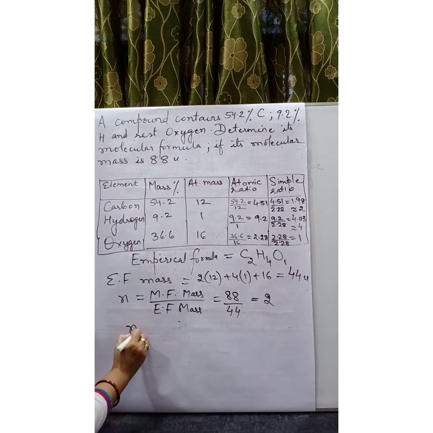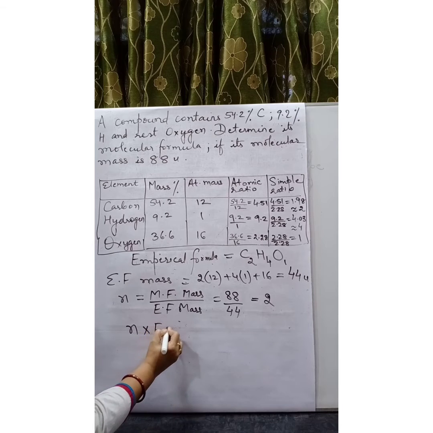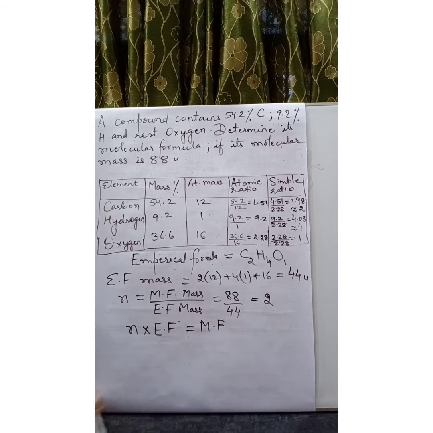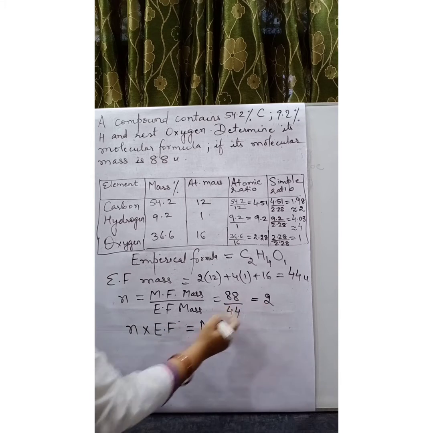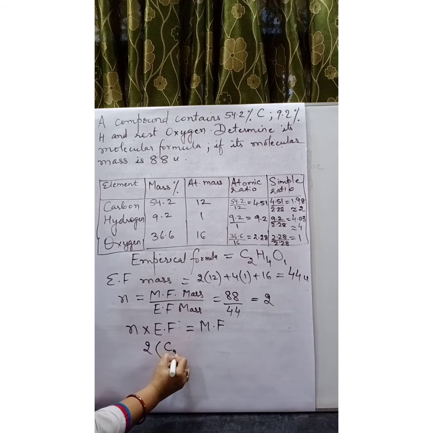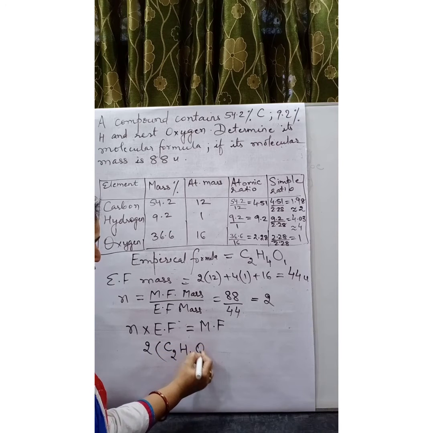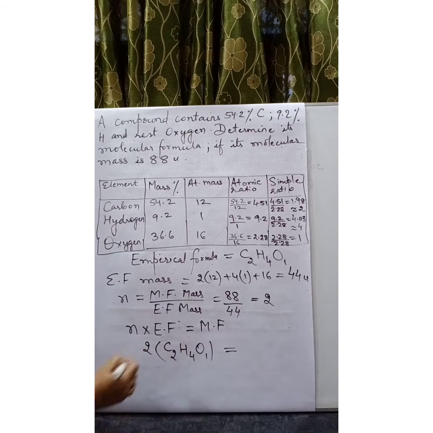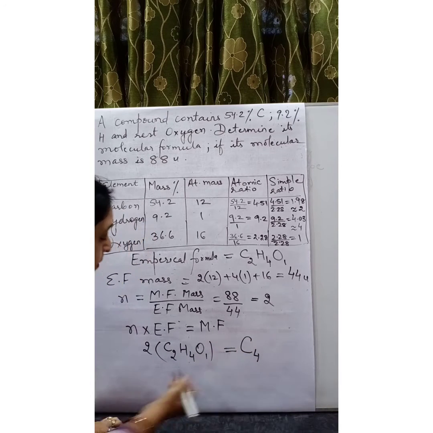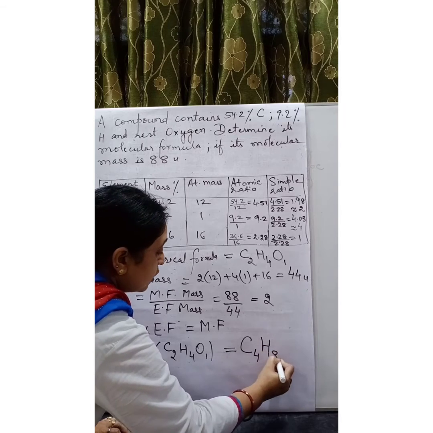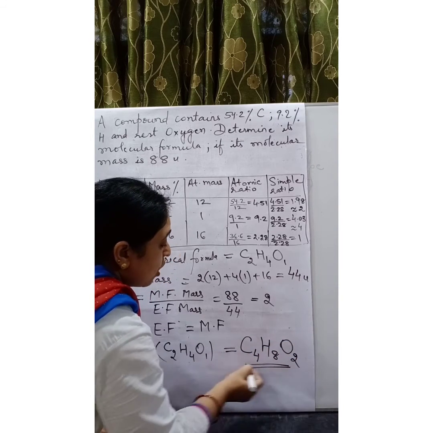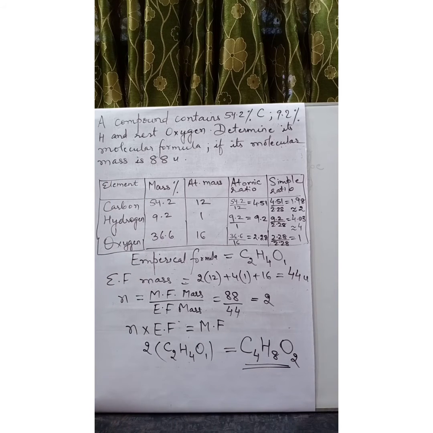Now we know that n multiplied by the empirical formula gives the molecular formula. So the value of n is 2. What is your empirical formula? C2H4O. So when you multiply this, you get your molecular formula: carbon 4, hydrogen 8, oxygen 2. So this is your molecular formula.